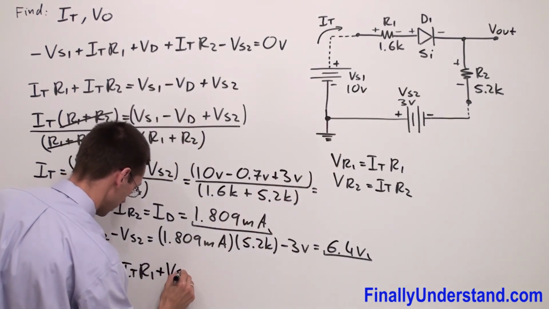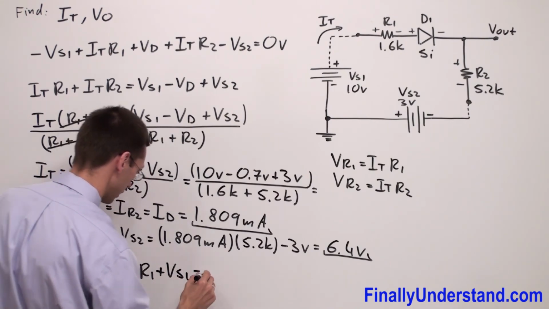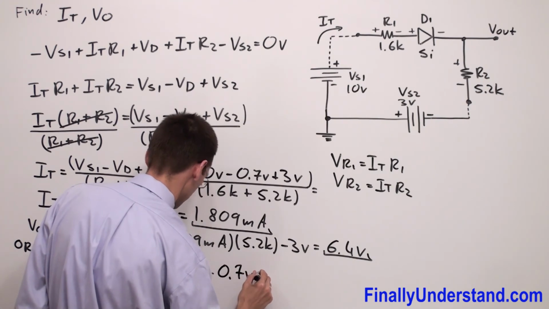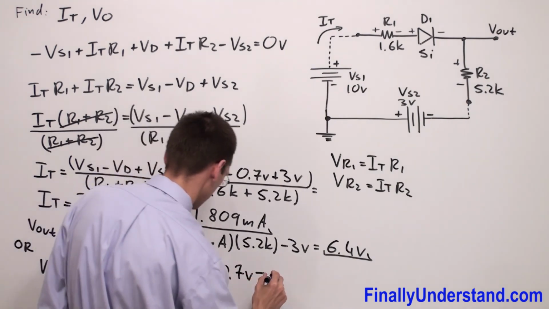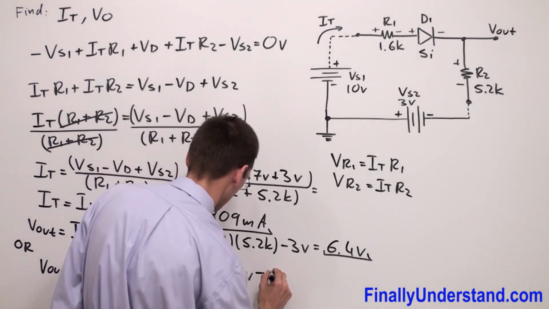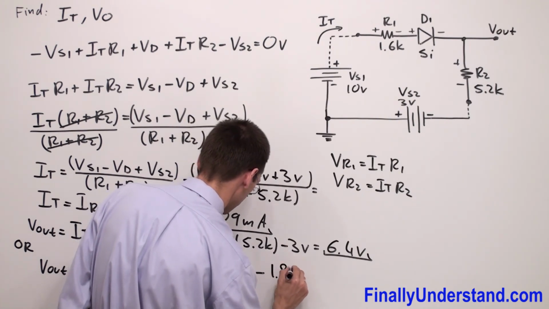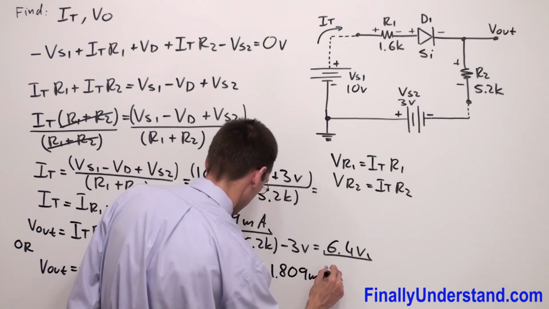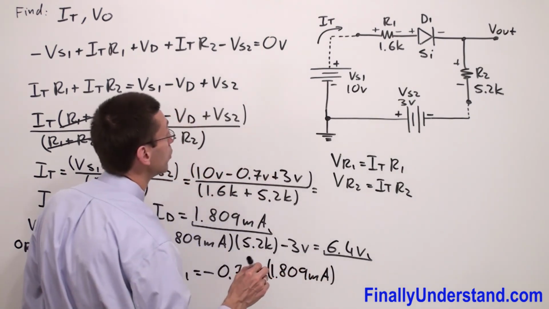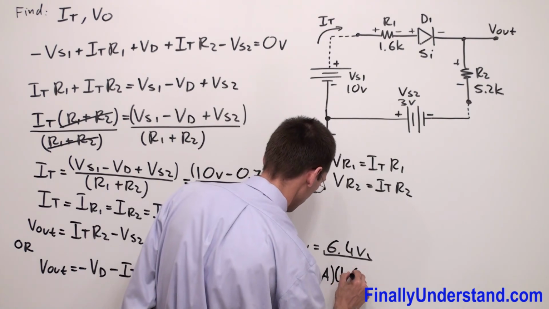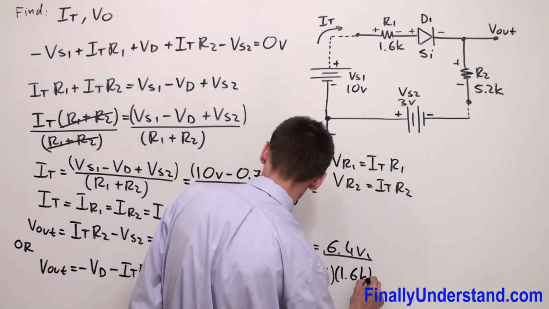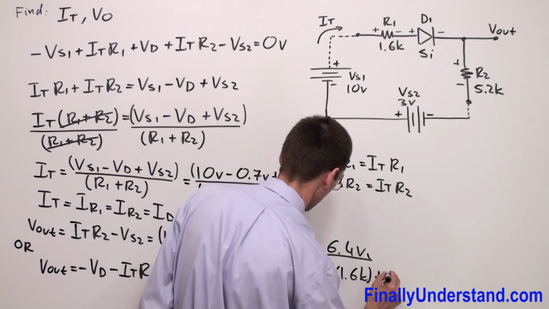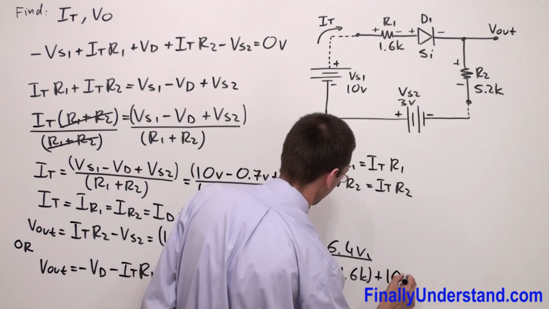This is equal to negative 0.7 volts minus I total times R1, 1.809 milliamps times R1, which is equal to 1.6 kilo, plus voltage source 1, which is equal to 10 volts.